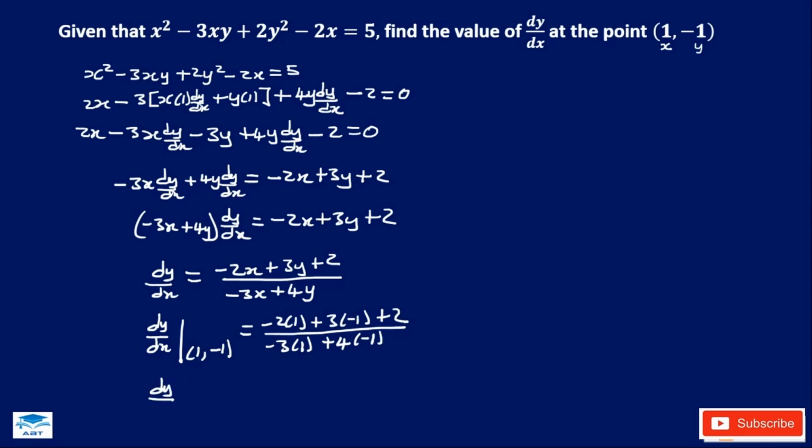So dy/dx at the point (1, negative 1) is equal to, this is negative 2, negative 3 plus 2 over negative 3 minus 4.